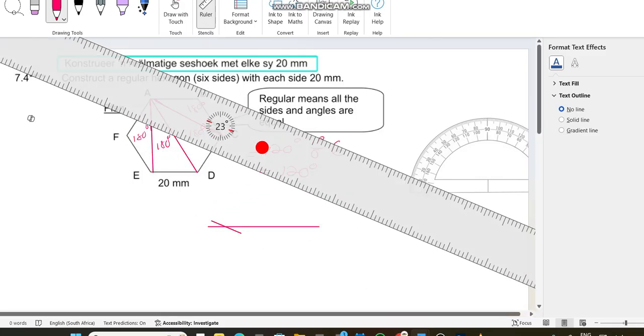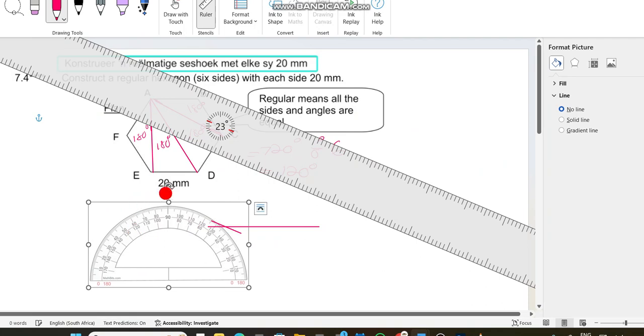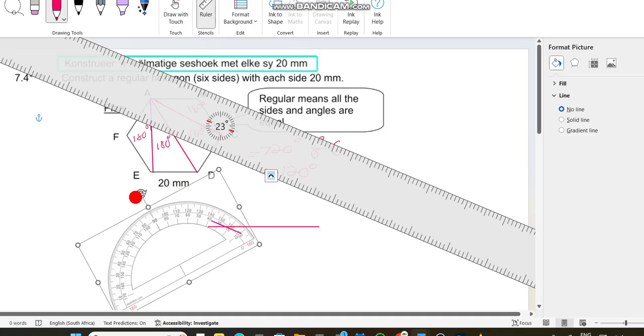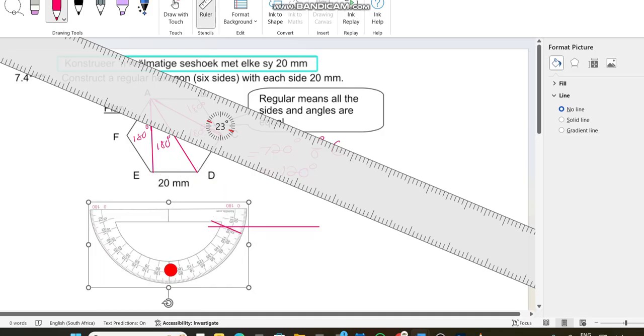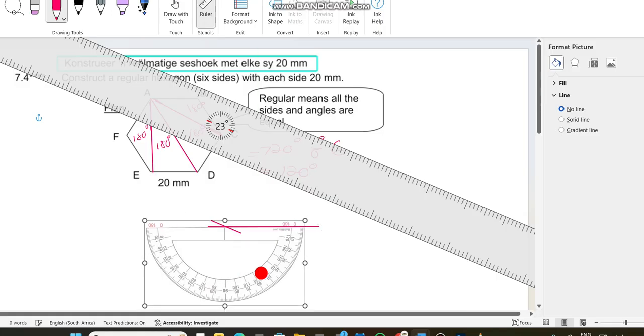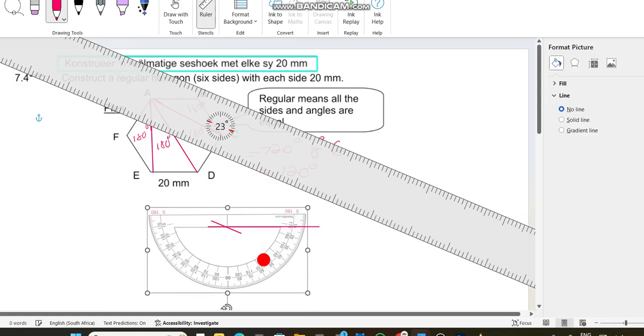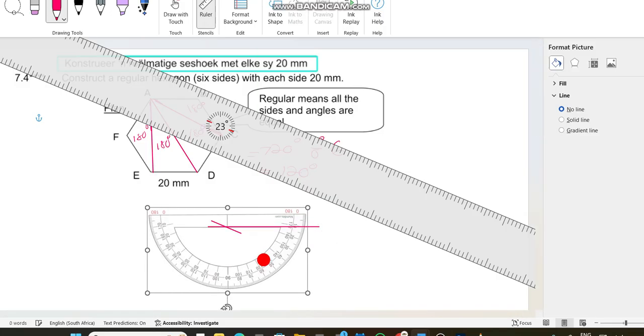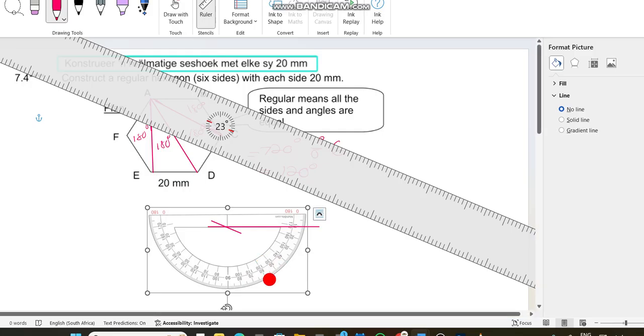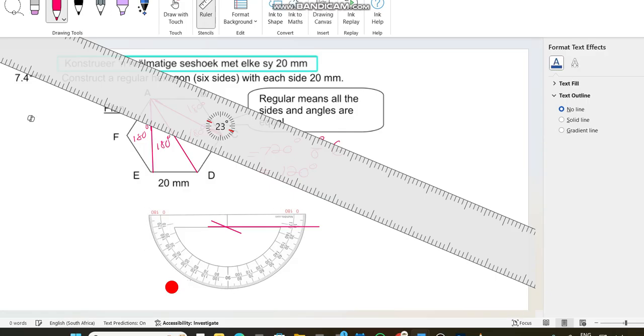Now I'm going to do it with the ruler, but when you have this, you obviously will have to just turn it upside down. Okay. So you're going to take that and measure out 120 degrees, which is from this side. No, this side. 120 degrees, which then is there.